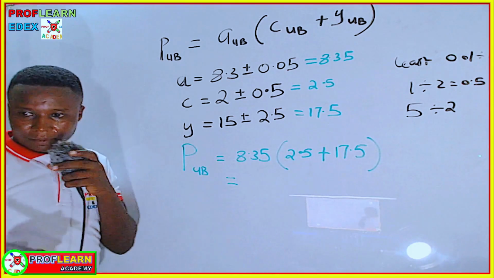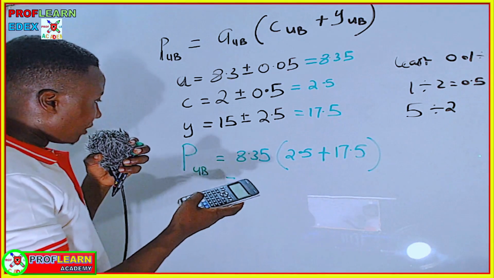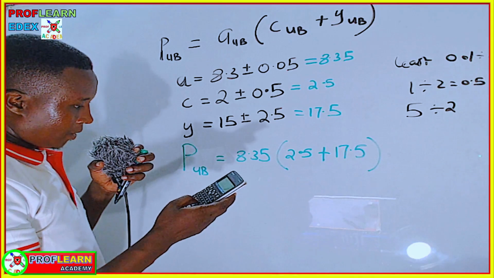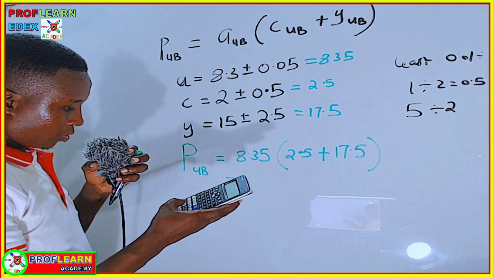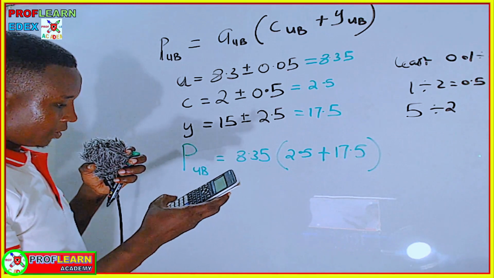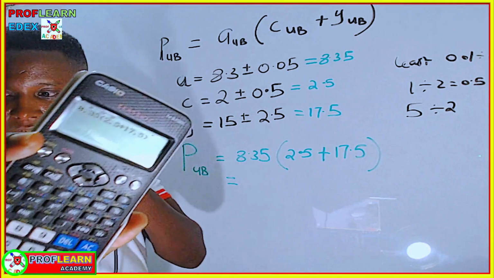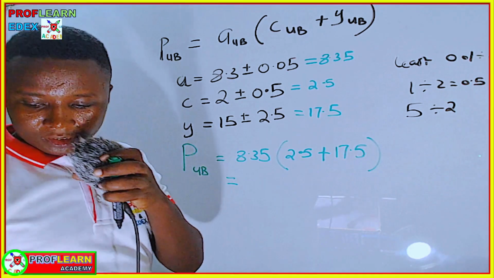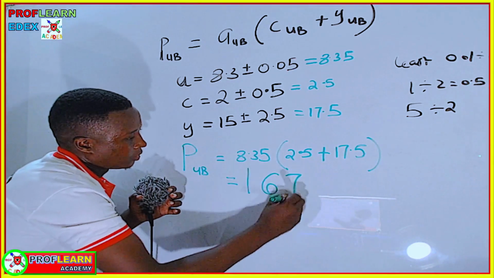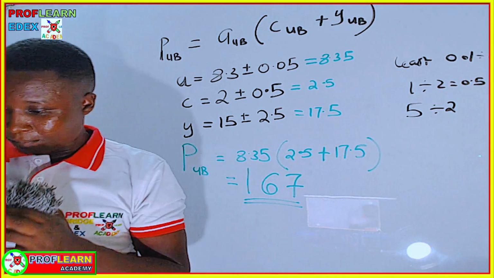So if we put this in a calculator, 8.35 into brackets 2.5 plus 17.5, if you work it out, you are going to get nothing other than 167. So the final answer becomes 167 as the upper bound of P.